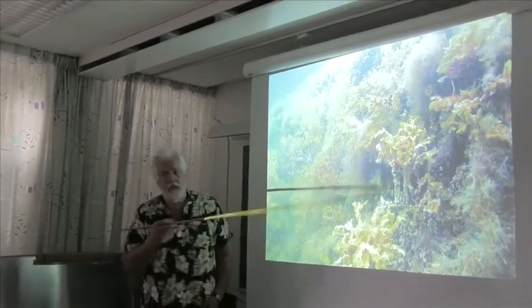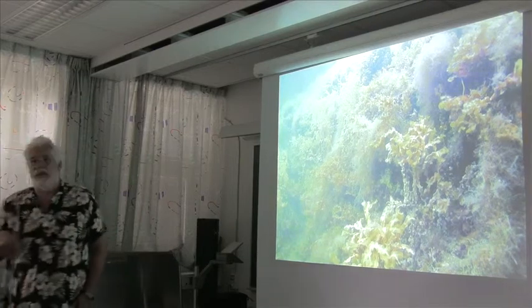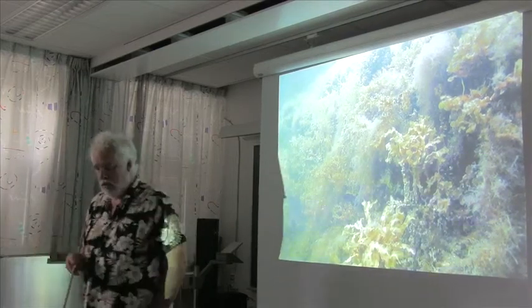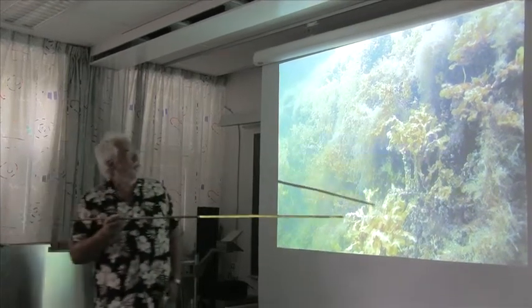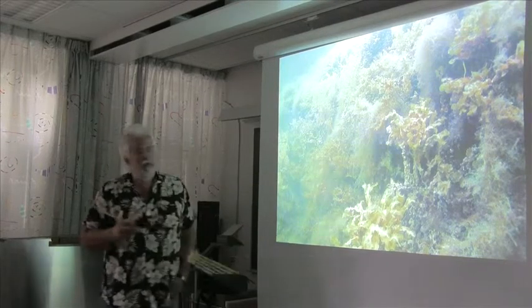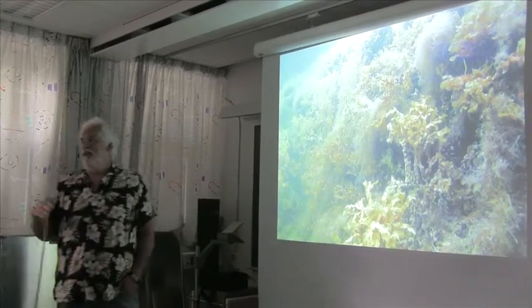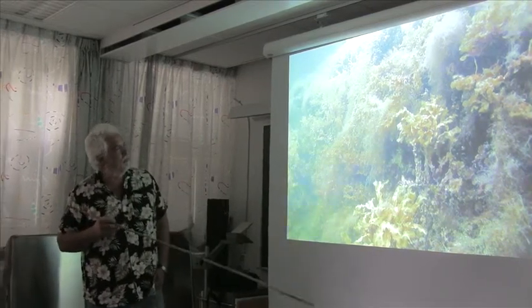It's these blobs of Balanus improvisus, a species that occurred for the first time around the century shift of 1900, but now has established itself all over the Baltic Sea and is a nuisance to most boat owners.